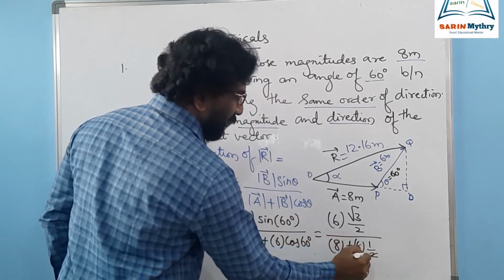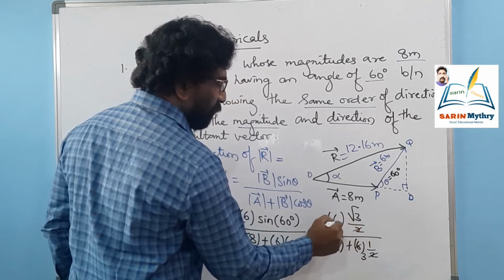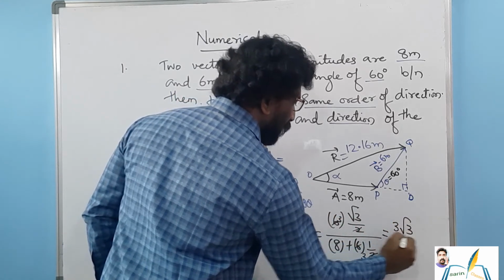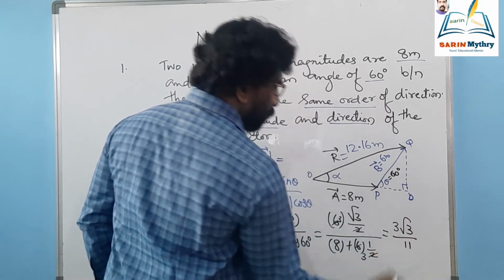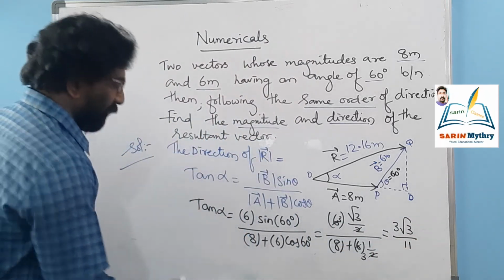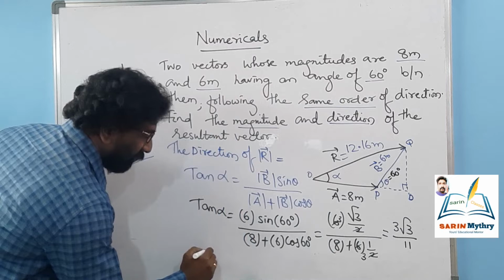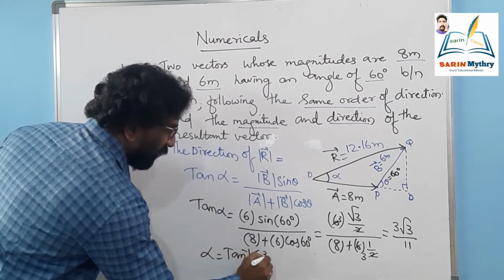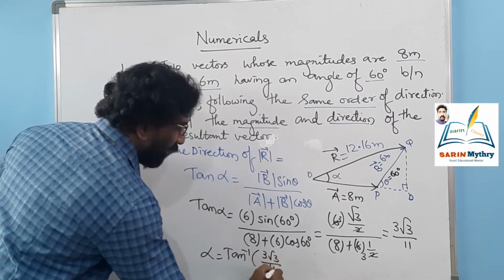So this both will get cancelled, that's 3 times, this is 3 times. So you get the answer as 3 root 3 over 11. Therefore, alpha is equal to tan inverse of 3 root 3 over 11.